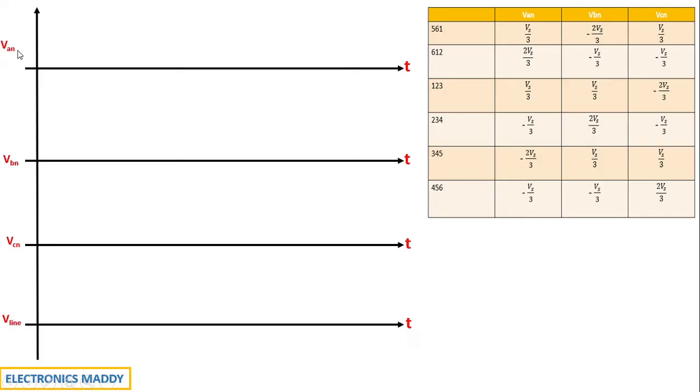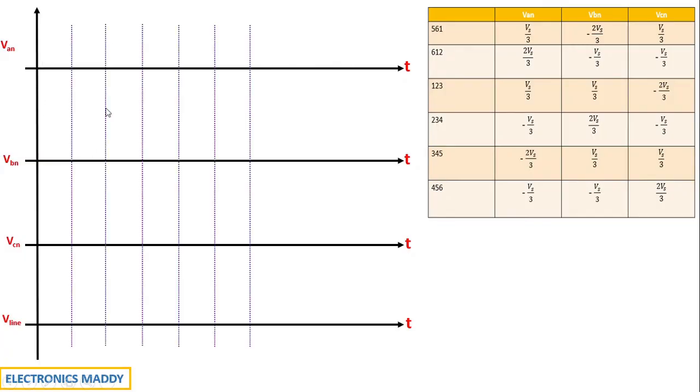So basically we have three phases, VAN, VBN, VCN. And now we are going to start the plot. So these are reference lines. Initially this is Vs by 3. I'll be labeling it later, but the voltage waveform is Vs by 3 for VAN. Just observe this column. Vs by 3 and then it goes to 2 Vs by 3. This is 2 Vs by 3 and then it comes back to Vs by 3.